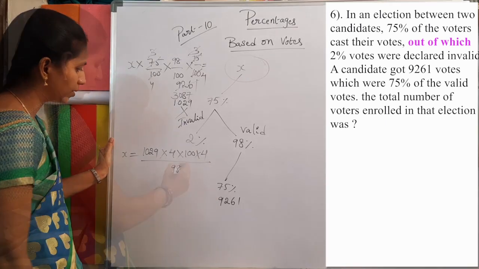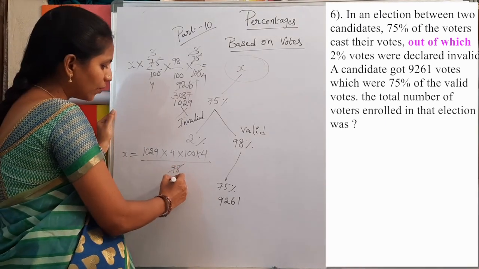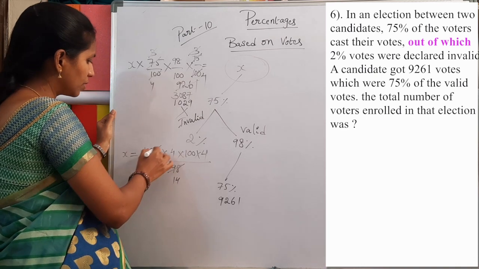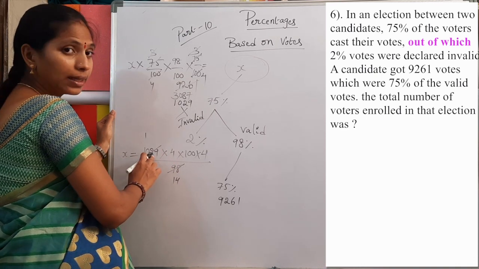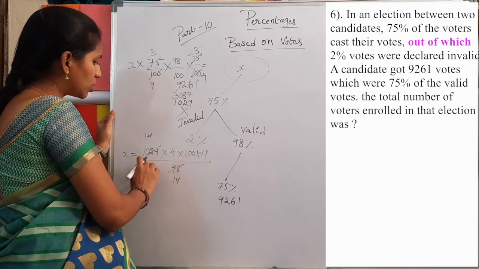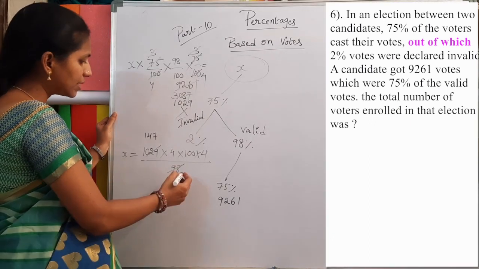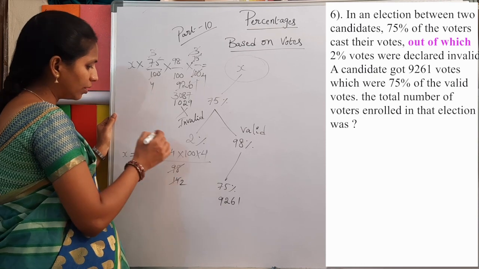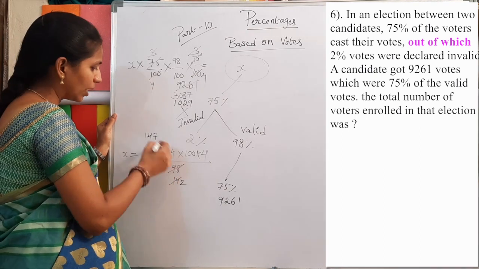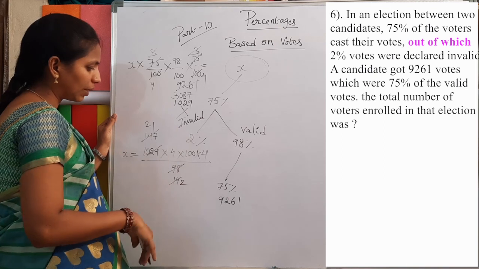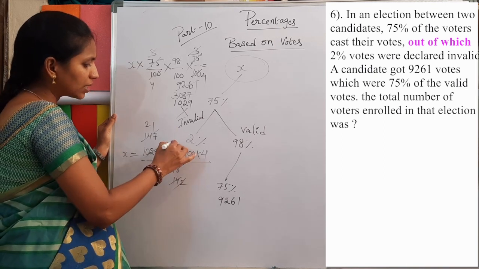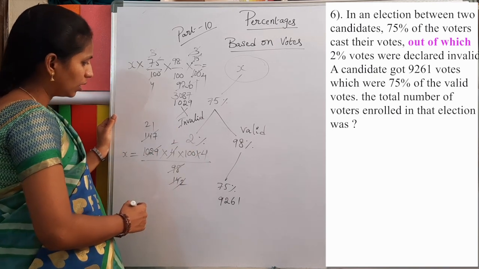Now calculate. 7 gets cancelled 1 time and 4 times. Here 1 time and 32: 4 times, 28 and 49, 7 sevens are 49. Again 7 cancelled: 14, 2 times, and here 2 times and 1 time, 21. This 2 cancelled 2 times here.